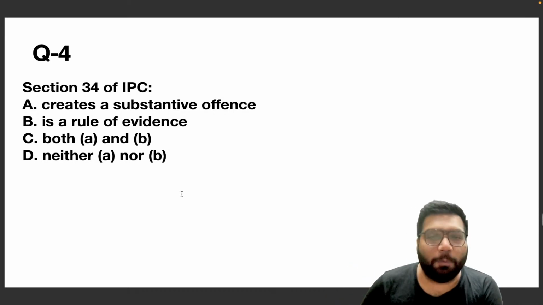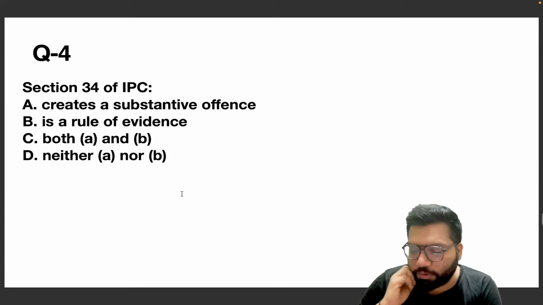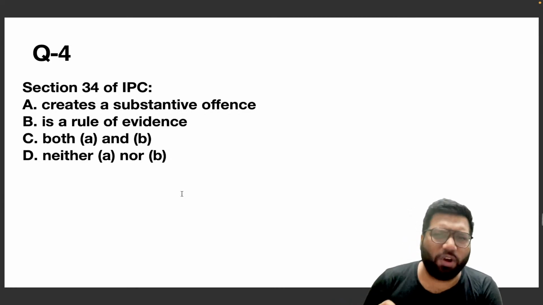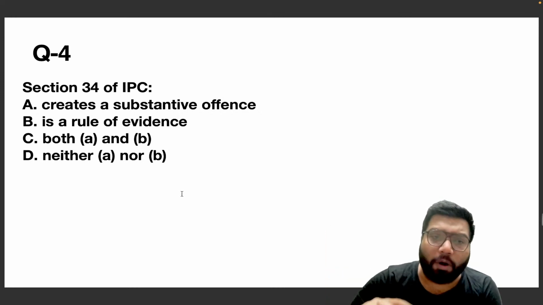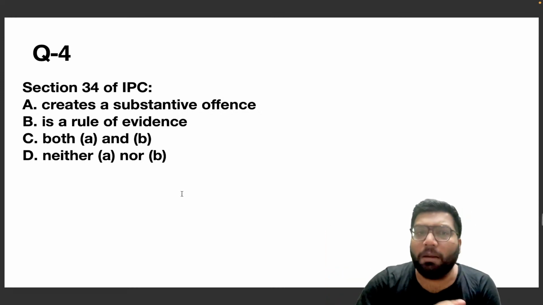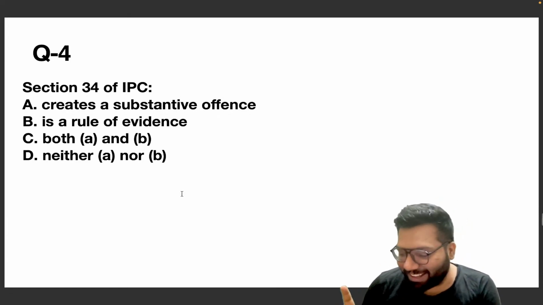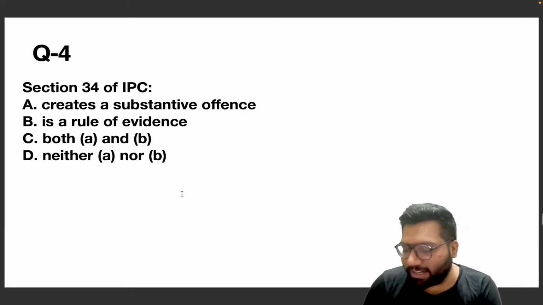Mohit and Shivangi both have answered common intention. Now my counter question to each one of you, Mohit, Shivangi and Suman, does section 34 define common intention? The answer is no. So how can you say it's a common intention? Common intention is just one of the important essentials of section 34, but section 34 is not common intention, by the way. Come on, I can expect at least one correct answer.